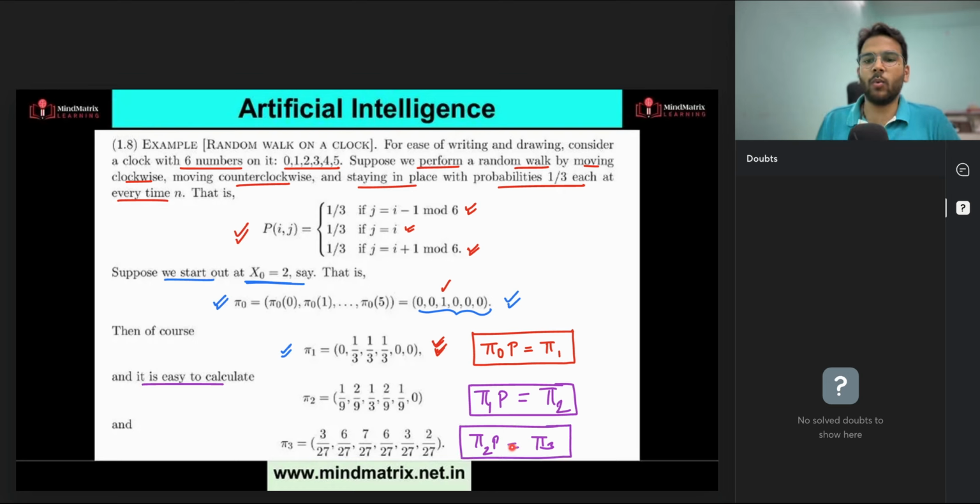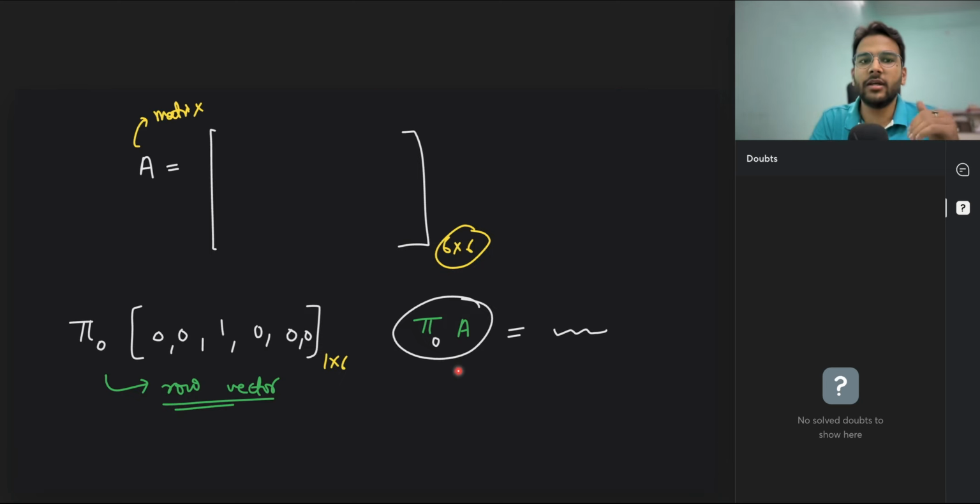Now what is going to happen? So this is, let's say, after one step, then after another step, what you are getting, and after 3 steps, this is the pi vector that you have, right?